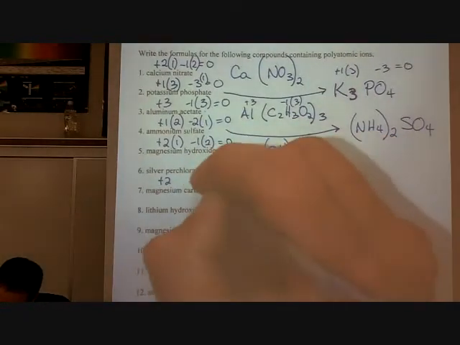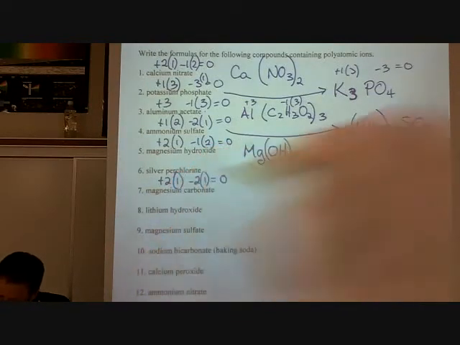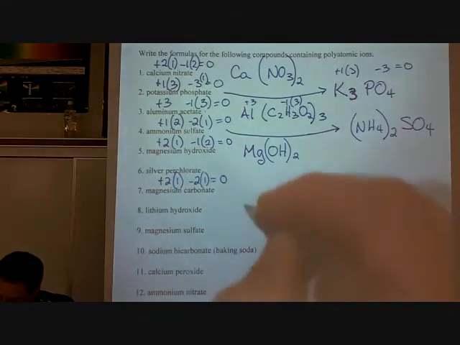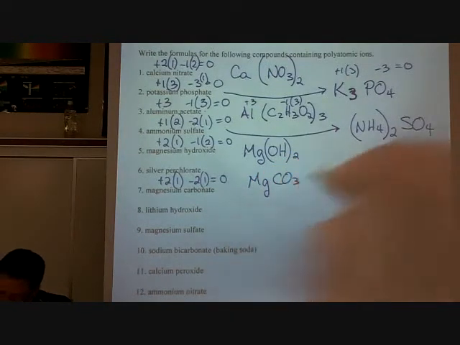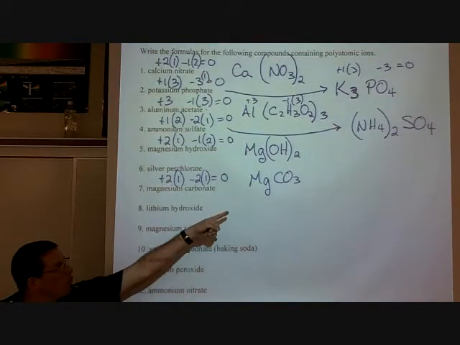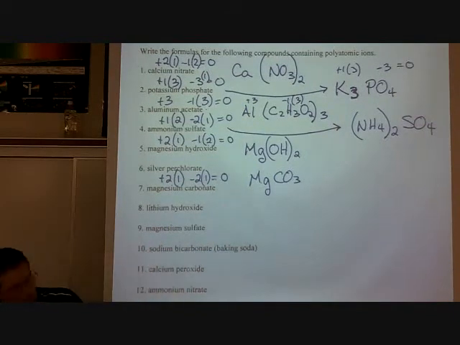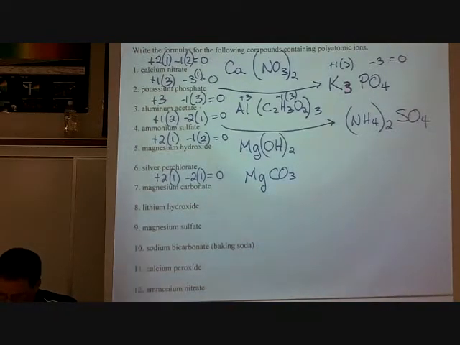So we'll put a -2 on there. And since they're both either +2 or -2, we only need one of those. So magnesium carbonate is just MgCO3, no parentheses anywhere, because we don't need to show more than one polyatomic, so the carbonate's good to go. All right, the next one, lithium hydroxide.